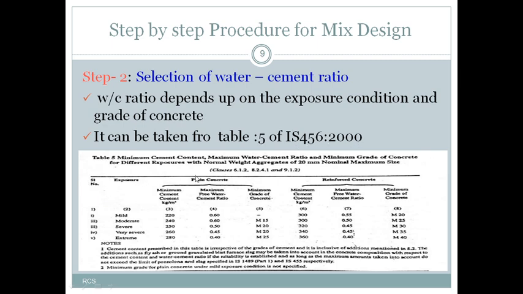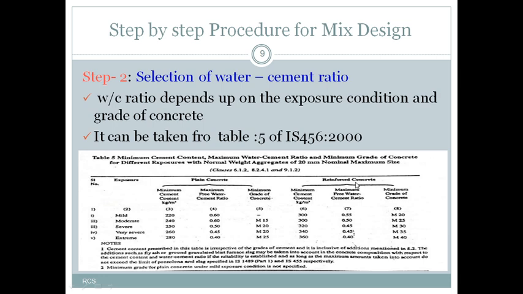In this table, they have given the minimum cement content, maximum water cement ratio, and minimum grade of concrete for different exposure conditions, with normal weight aggregate of 20 mm nominal maximum size. This is the title of Table 5. For this step, I want to know the water cement ratio for a particular grade of concrete as per IS 456:2000. It is given for plain cement concrete and for reinforced cement concrete. Generally we are discussing reinforced cement concrete.